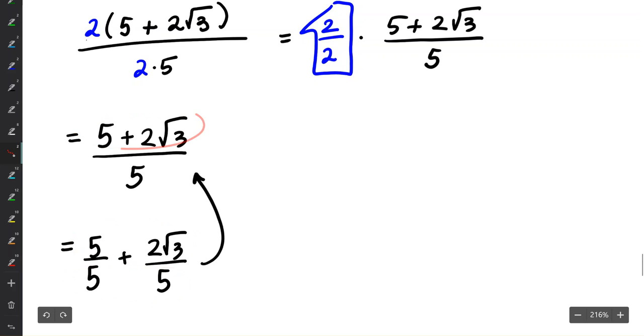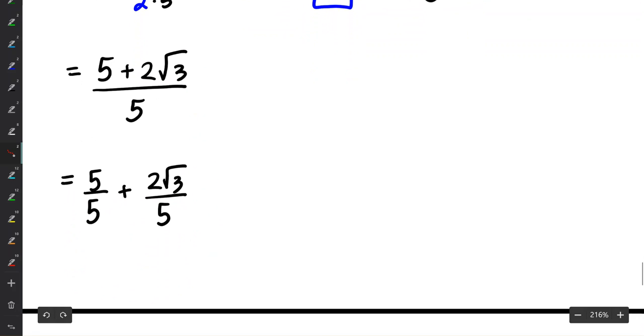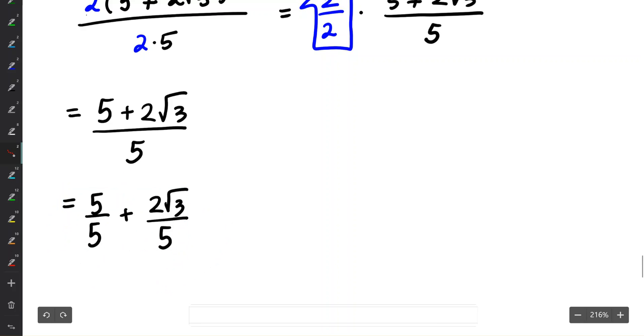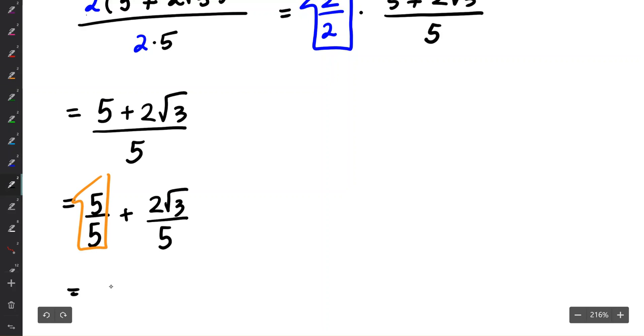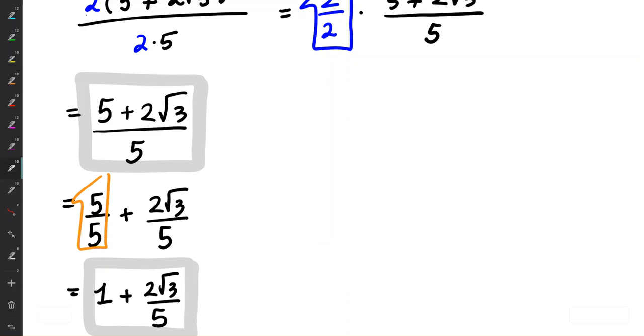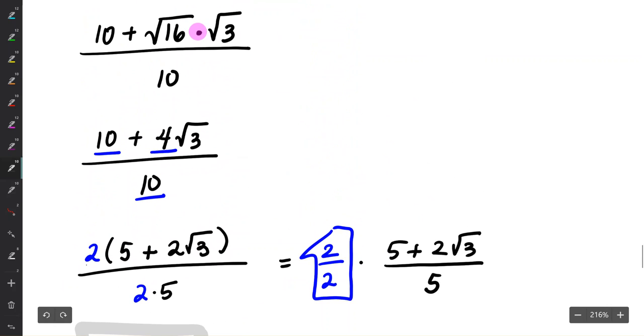My numerators. And the only reason why that seems appealing to me is because 5 over 5 is 1. So we could also say 1 plus 2 root 3 all over 5. And this seems like a really nice answer as well. I'm interested if the text will accept them both. Hopefully it does. Okay.